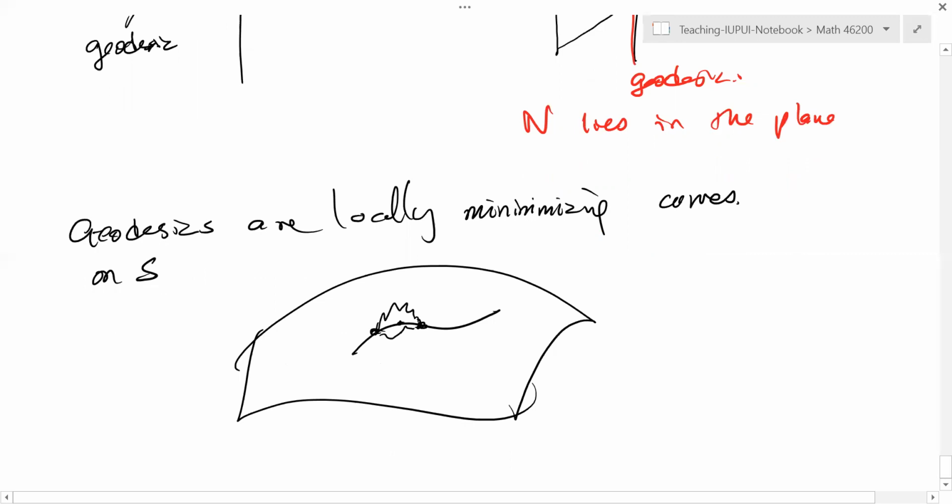Then they show that it is so if and only if the geodesic curvature is zero. Okay. Locally minimizing means for a sufficiently short piece of curve, all the other curves joining these two points are longer than that curve.